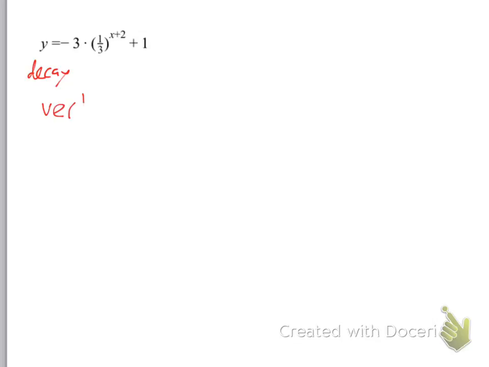What's going on? Vertical shrink or stretch? It's a vertical stretch of 3. Why is it a vertical stretch of 3? Because -3 is our number, it's our A value, but 3 itself is bigger than 1.